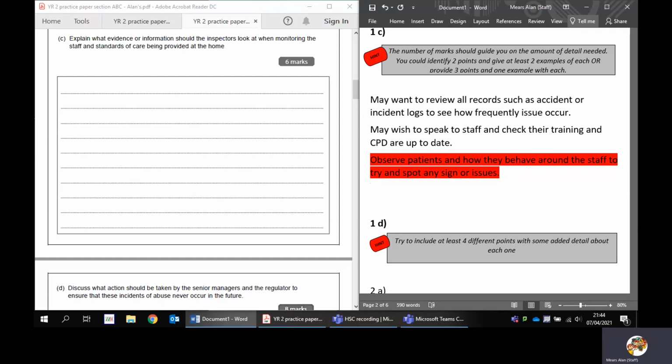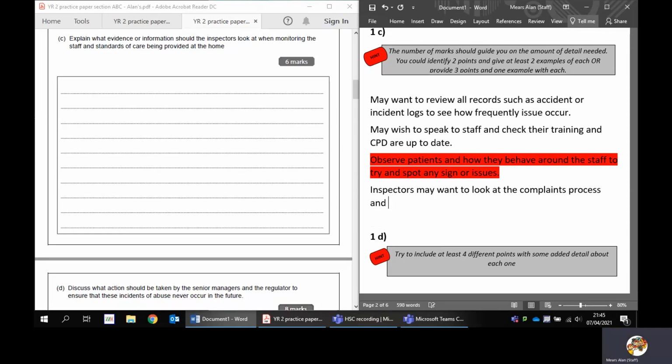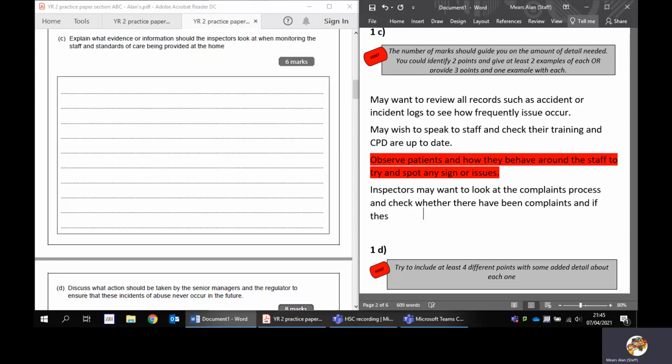I've got an extra minute, so I might want to say that the inspectors may want to look at the complaints process and check whether there have been complaints and if these have been dealt with.